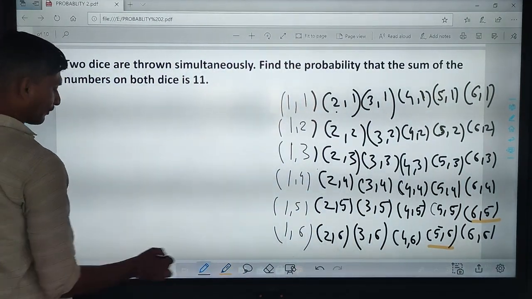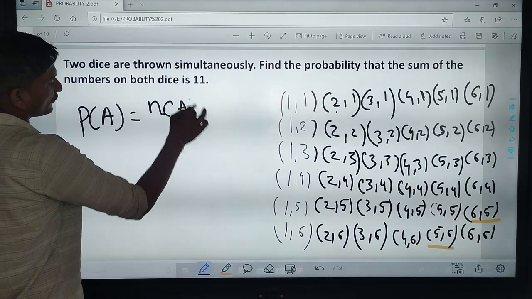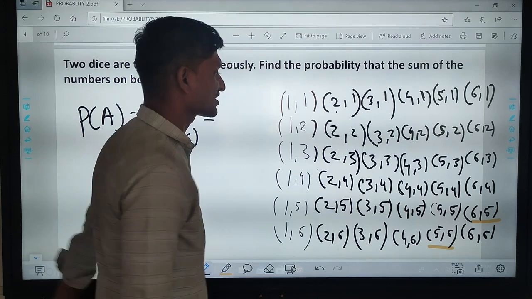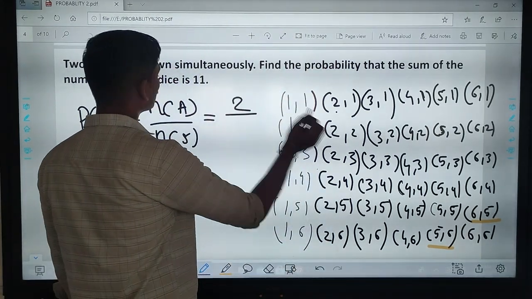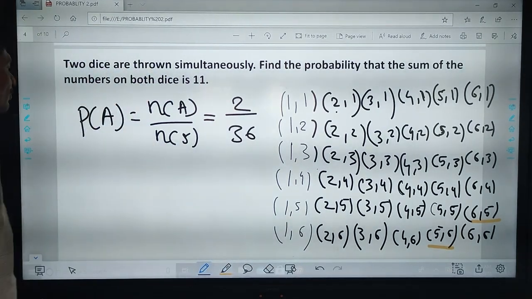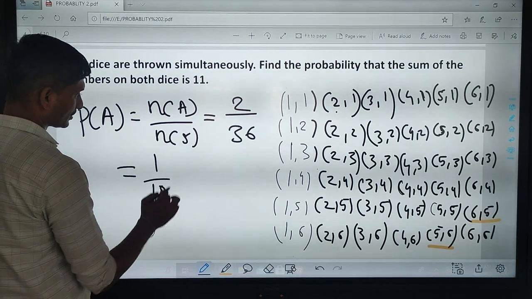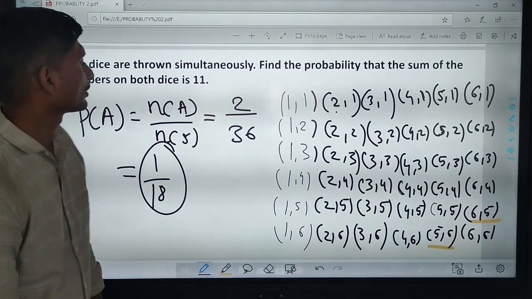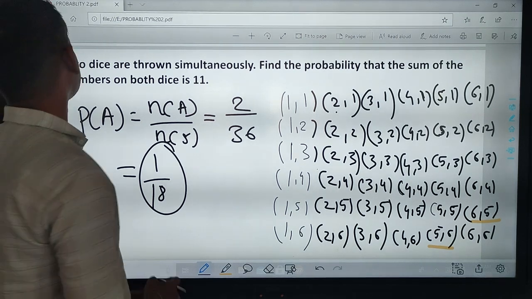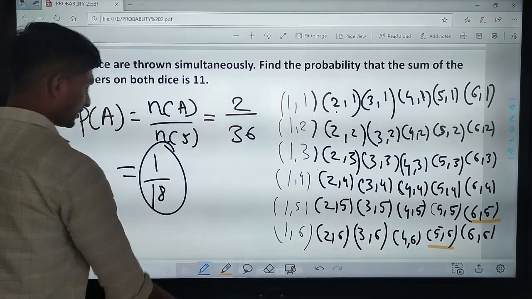Now P of A is equal to n of A divided by n of S. The event contains two samples, 6,5 and 5,6. Then n of A is equal to 2, and the total number of samples is 36. Then your probability is 1 by 18. The probability that the sum of the numbers on both dice is 11 is 1 by 18. Now next.